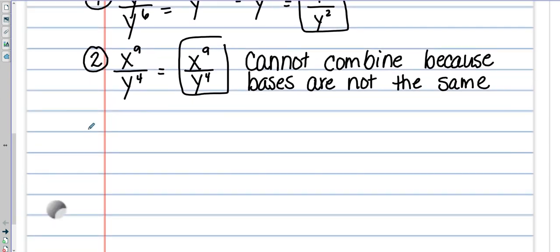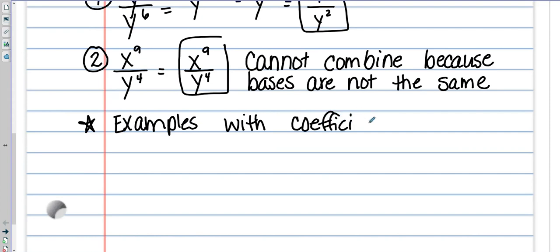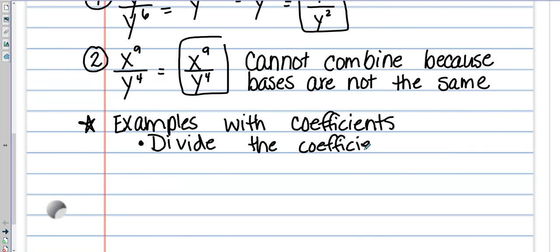Okay, so the next part here, whenever you have examples with coefficients, what you're going to do is divide the coefficients. Now, if you're wondering what's a coefficient, that's always the number in front of the variable.